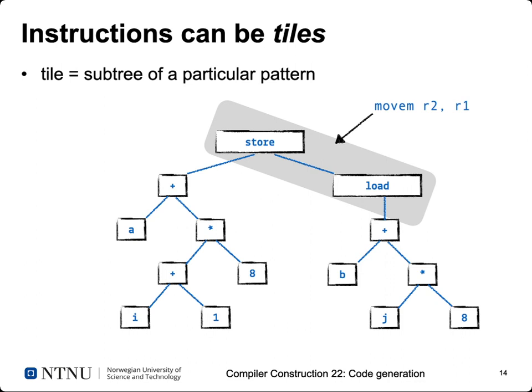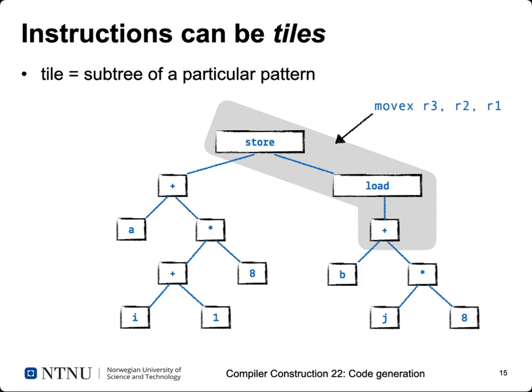For example, this move M instruction we have seen in the second example, which moves memory from location R2 into memory at location R1, would represent a combination of this store and this load instruction, whereas the parameters R2 and R1 would have to be provided by our subtrees, so by a different set of instructions.